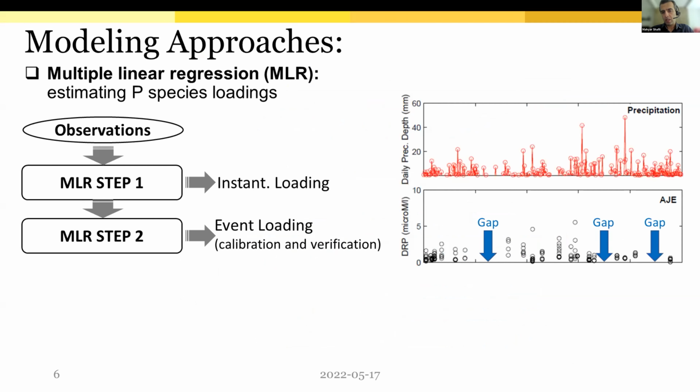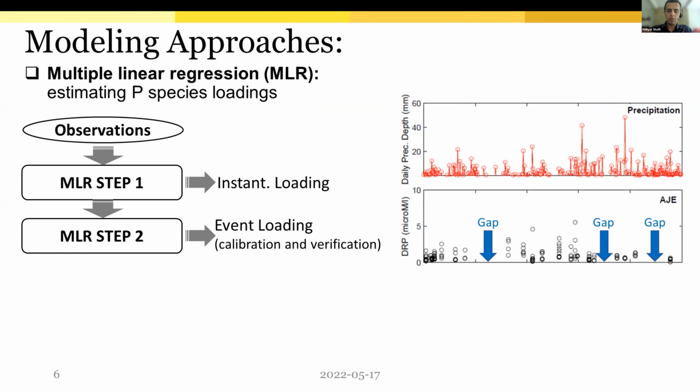We had a lot of challenges in data collection in fieldwork, so there were a lot of gaps in our data time series. So we developed a multiple linear regression model to fill those gaps and also to forecast in future and hindcast in the past. I'm not going to go into details of these models, but at the end of the day, this two-step MLR model gave us loadings of different species at the event scale.